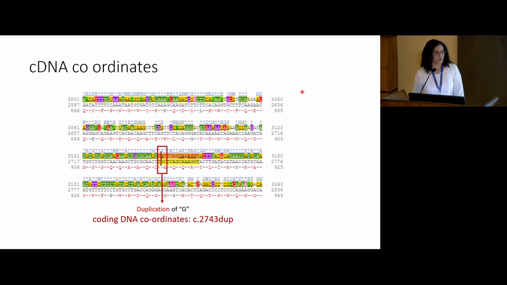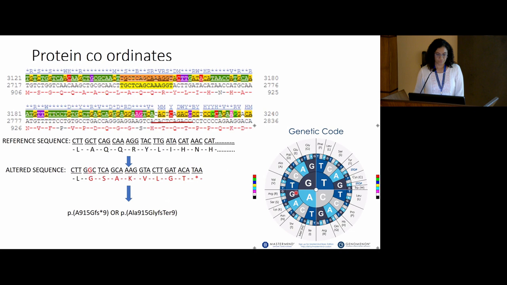Okay, so now coming to the cDNA coordinates or the transcript coordinates. At cDNA level in Ensembl, we can see that this is the position where G has gotten inserted, or rather duplicated, at position 2743. Now let's come to protein coordinates.